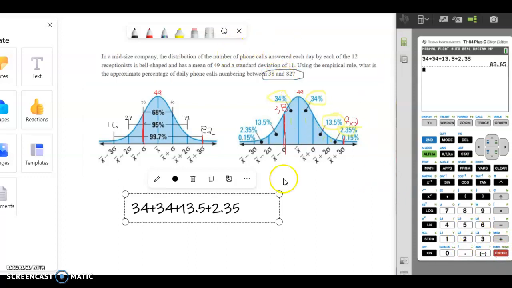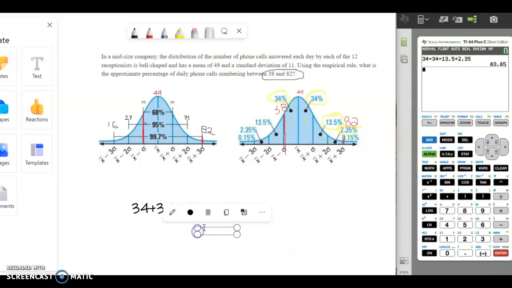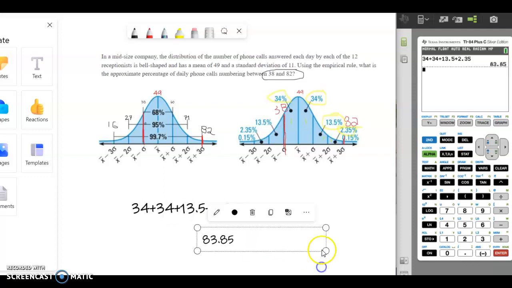We're getting an answer of 83.85. Okay, so that's the total percent of the data in between these two values that we were given.